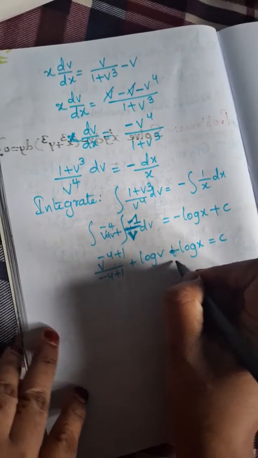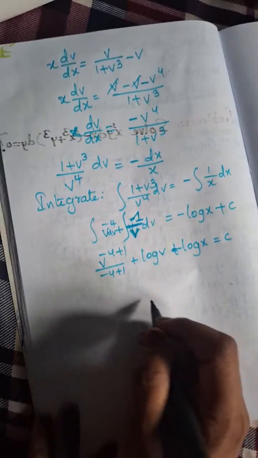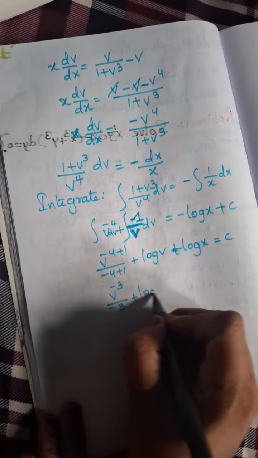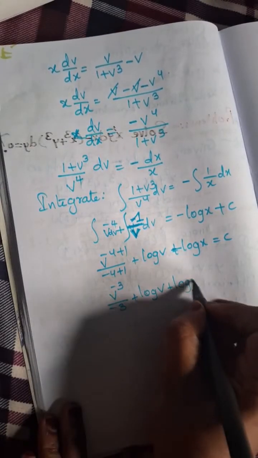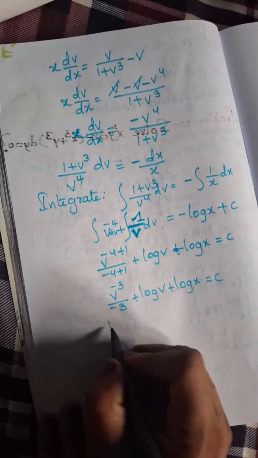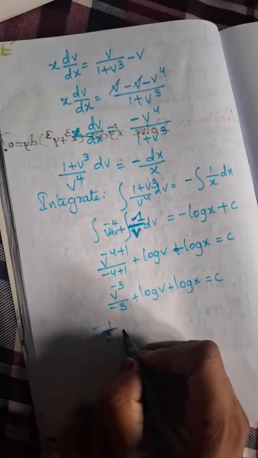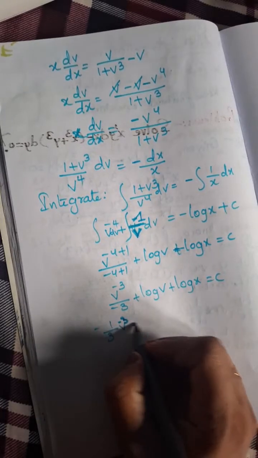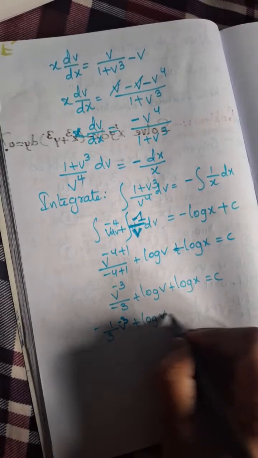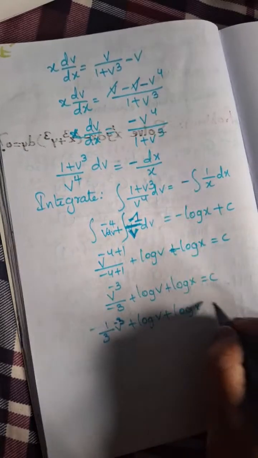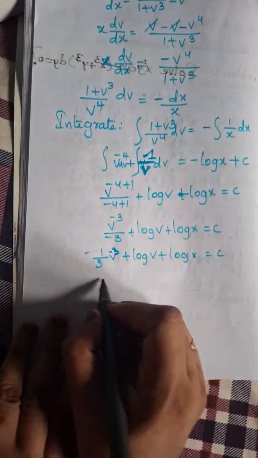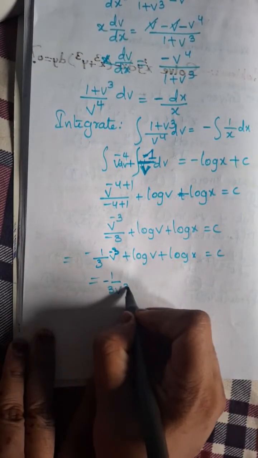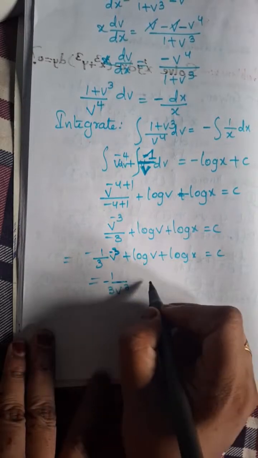This log x I am taking to this side, it becomes positive. Okay, now v power minus 3 by minus 3 plus log v plus log x is equal to c. Here 1 by minus 3 v cube, minus 1 by 3v cube.